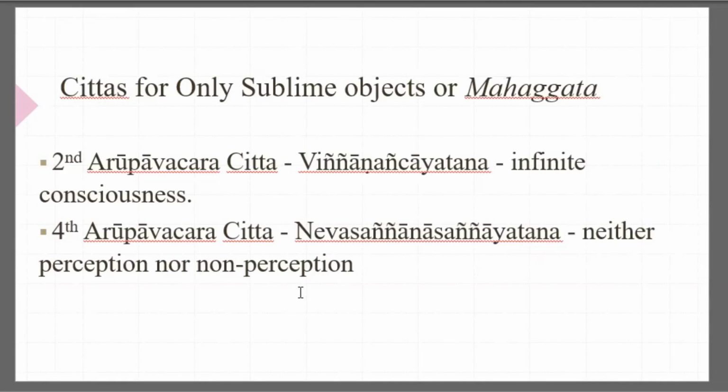We call Rūpāvacara and Arūpāvacara by another term, Mahaggata. Here sublime objects means Mahaggata objects, or Rūpāvacara and Arūpāvacara objects.